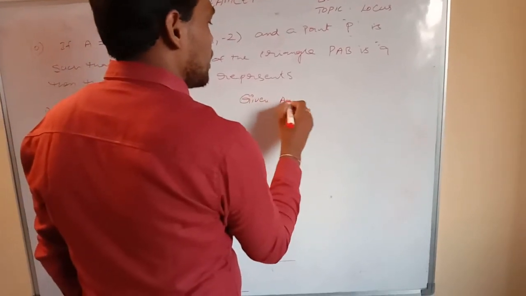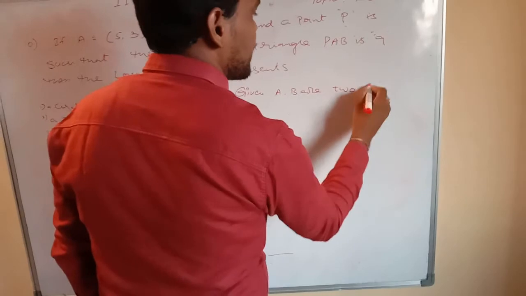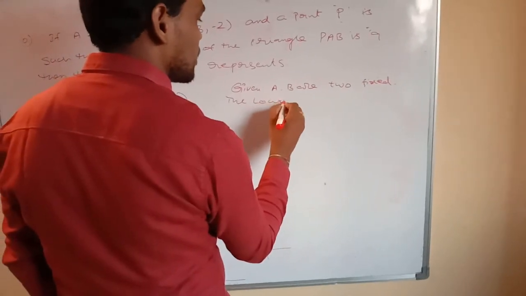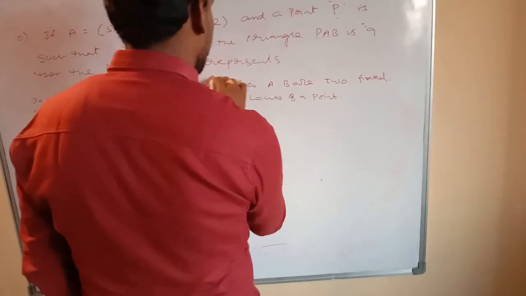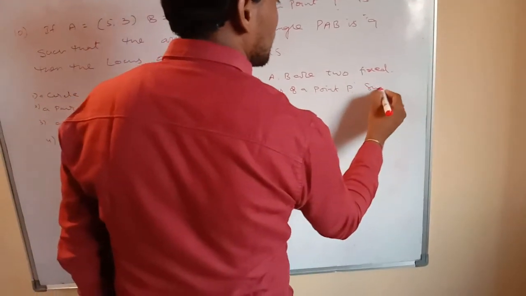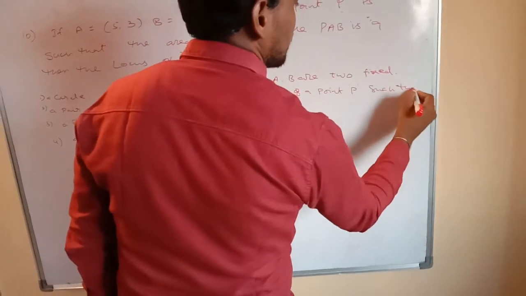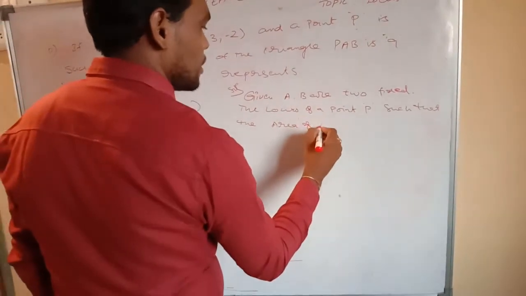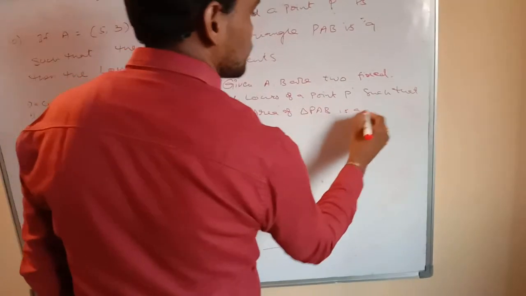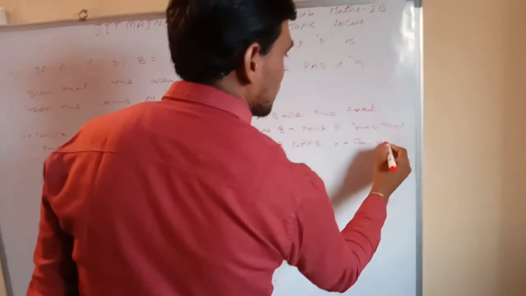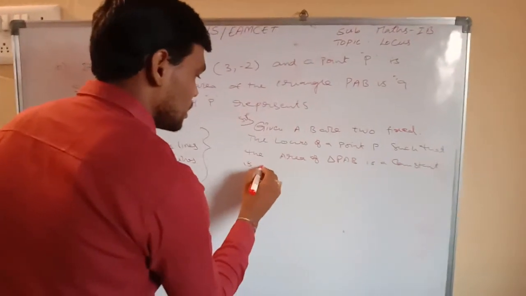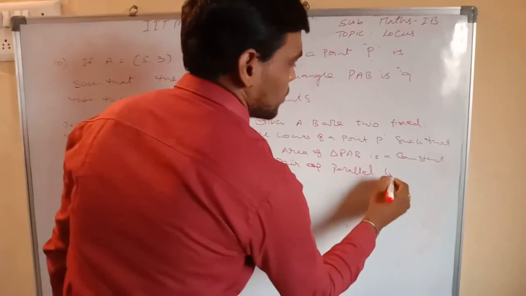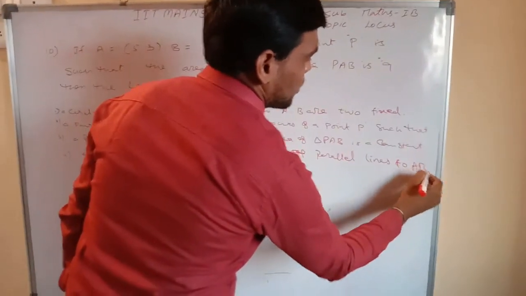Given A and B are two fixed points, the locus of a point P such that the area of the triangle PAB is a constant is a pair of parallel lines to AB.